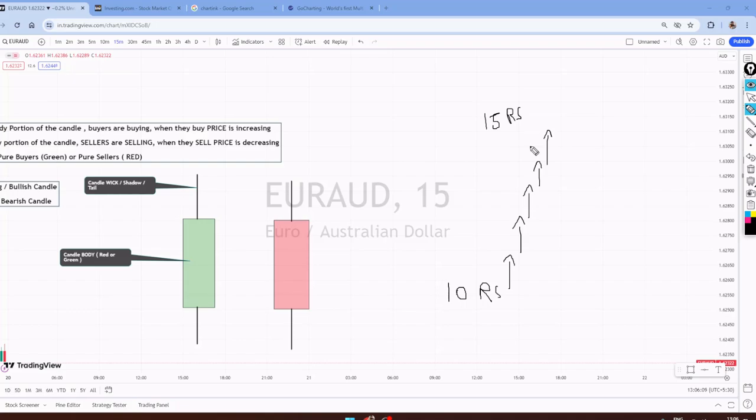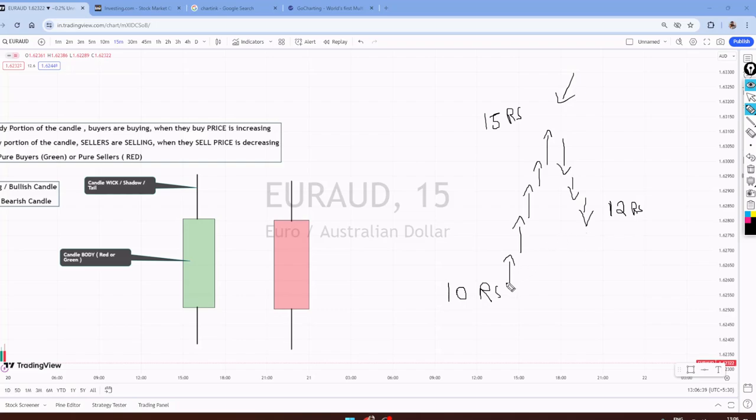Now what happens? Some people will say, okay, I don't want to buy this product, I want to sell. So some people can sell here, right? They can sell at 15 rupees. When they sell at 15 rupees, the price goes down. Let's say it goes down till 11 or 12 rupees.